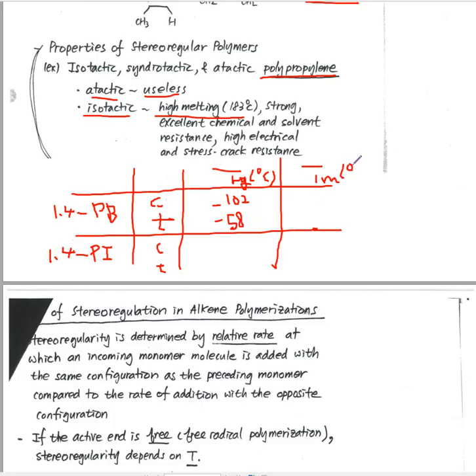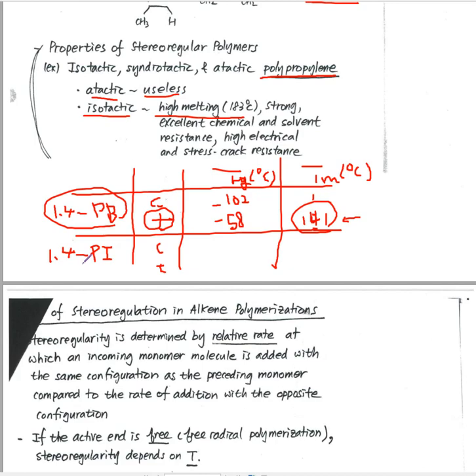Similarly, for melting point, this one is about 1 degree C, but this one is about 141 degrees C, much higher. This clearly shows that trans 1,4 polybutadiene has much higher crystallinity compared to cis.